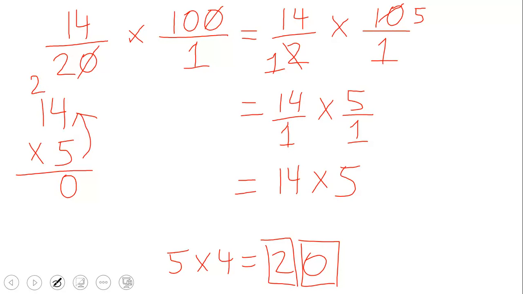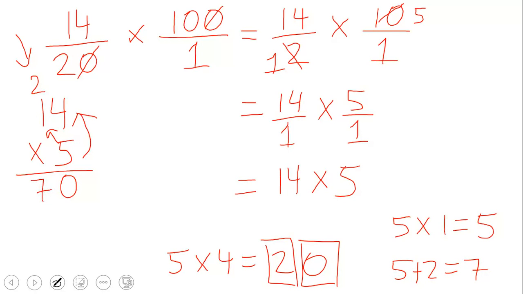Now we ask ourselves, what is 5 times 1? 5 times 1 is indeed 5. Do not forget to add 2. So we have 5 plus 2, and 5 plus 2 is indeed 7. So therefore, 14 times 5 is indeed 70.